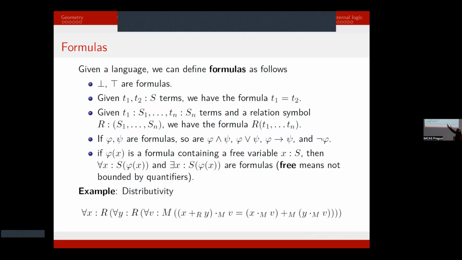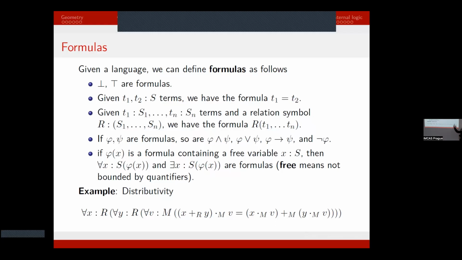Then given n terms and a relation symbol, if we plug the terms into the relation, this will be a formula. Then if we have two formulas, we can use the logical operations that we saw before. So we can build the formulas phi and psi, phi or psi, phi implies psi, and not phi.